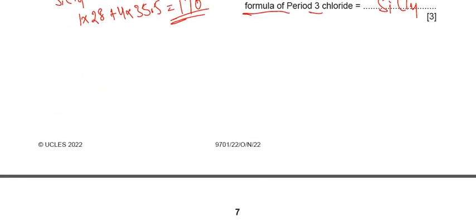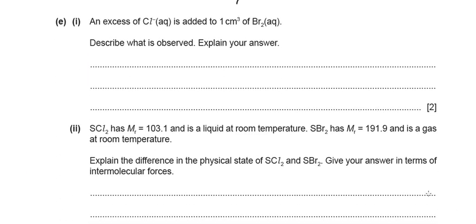Proceeding, then he says that an excess of chloride ions, aqueous. Remember, we can't take chloride ion simply. It could be sodium chloride, magnesium chloride, potassium chloride, any chloride. So we have to take this as chloride ion in aqueous form. It is going to be added to 1 cm cube of aqueous bromine. Remember, aqueous bromine we can take as an orange solution.